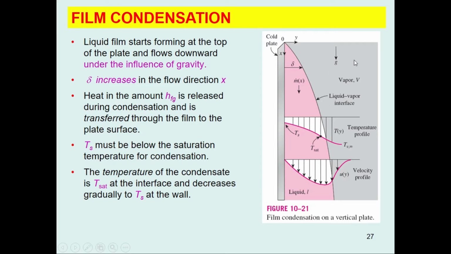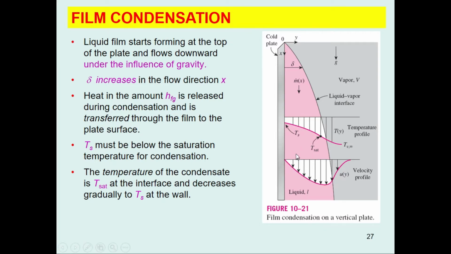Consider this gray color as the vapors and this pink color as the liquid, and this is the vapor liquid interface, and the mass of the film is moving in the x direction. This is a kind of velocity profile.